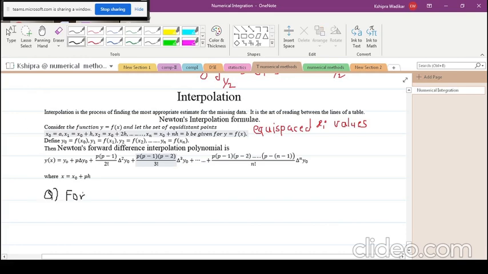For y equal to f(x) given below, find f at 0.2.